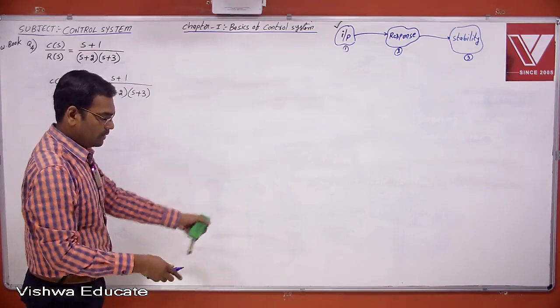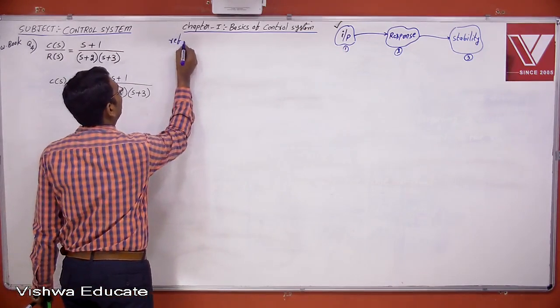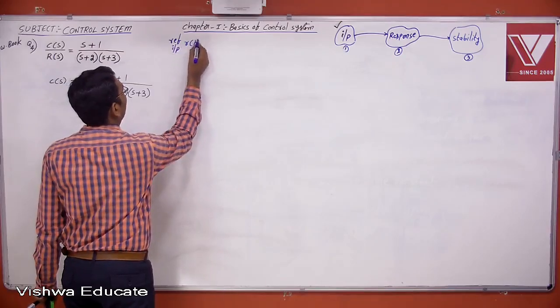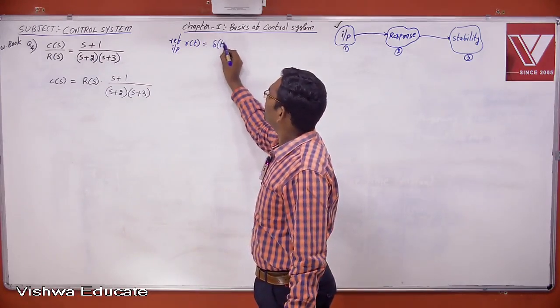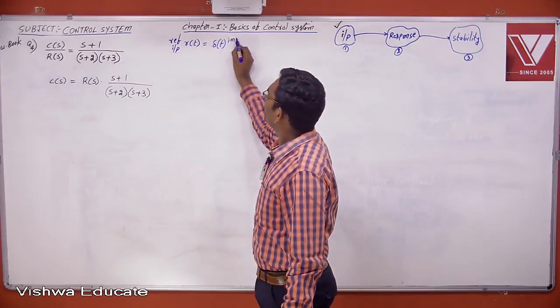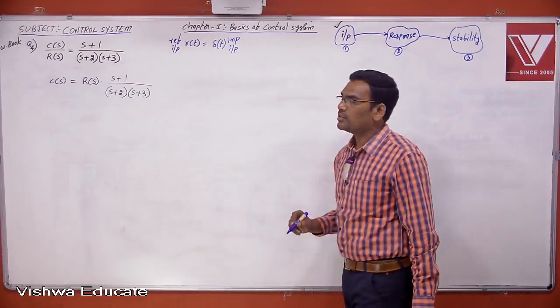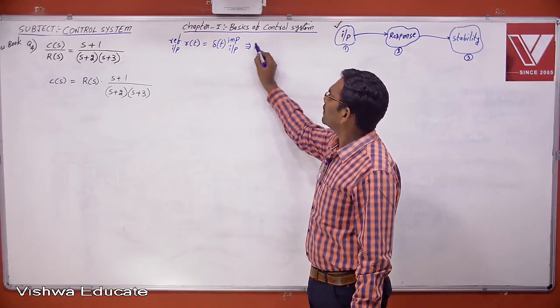Therefore, for theoretical calculations, I am taking this as the reference input, which is nothing but impulse input, R of t equal to delta of t. Therefore, what is R of s?